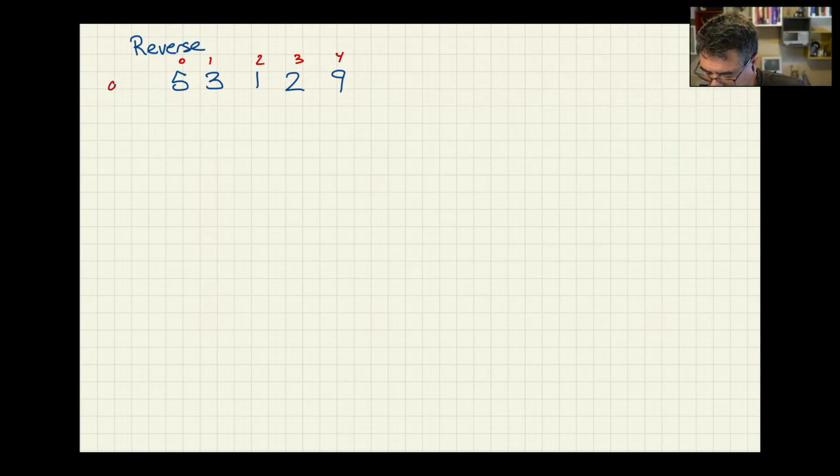And let's add one more on there. Let's put on 4 here, and that's in slot number 5. When I'm all done, I want the array to be 4, 9, 2, 1, 3, 5.